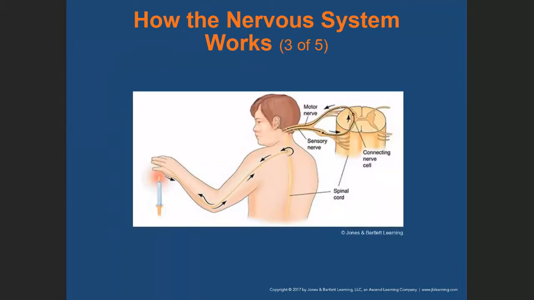There is a picture depicting that. Sensory nerves pick up the heat, it goes to the connective nerves, jumps over to the motor nerves, and then a response is initiated without going directly to the brain.